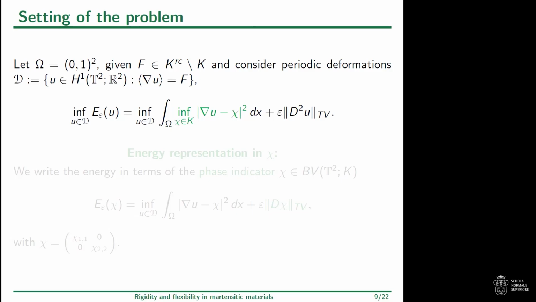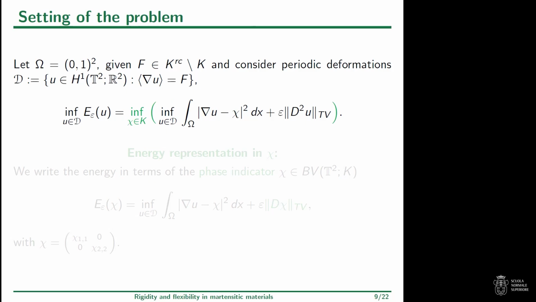So I can rewrite the distance of the gradient from K as the distance of the gradient from any element of K. Then I switch this to chi, functions taking values in K. This is all formal, but probably you can make sense of it more rigorously. And then I switch the inf.